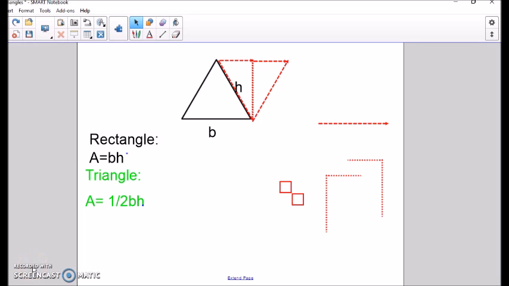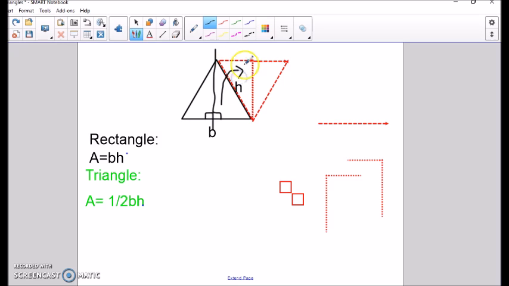Okay, so now if the vertex is in the middle of the triangle, it's going to look like this. This is going to be the base, and this is going to be the height. We cut the triangle in half, and now we have 2 right triangles. Now we're going to take one of them and put it up here in the red marking, and this is going to be the other right angle. We're going to do the same for the other side.